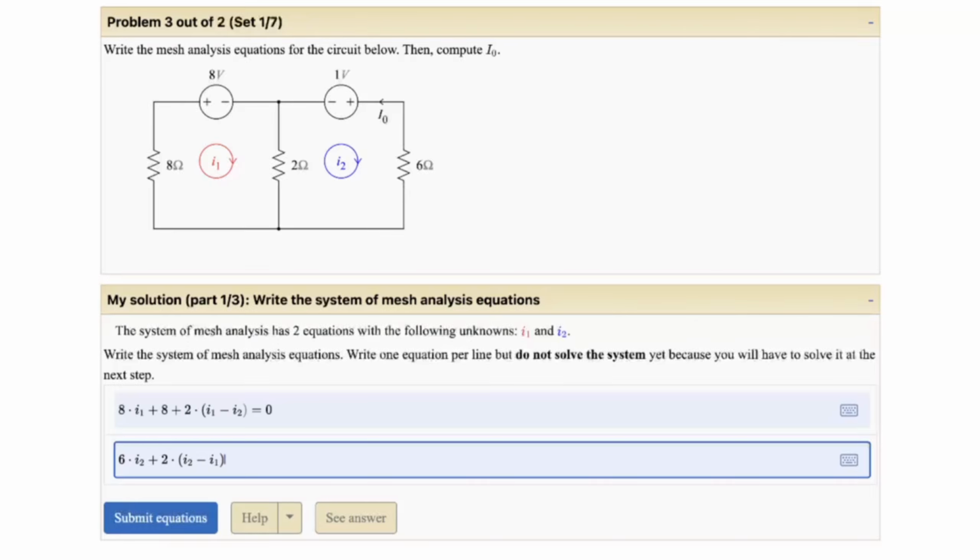And finally, we're going to add that with the voltage across the 1 volt voltage source on the top. However, when we follow the I2 current, we hit the negative terminal of the 1 volt voltage source first, and then the positive terminal. So we know it's going to be a negative 1. Set all that equal to 0, and then click submit.